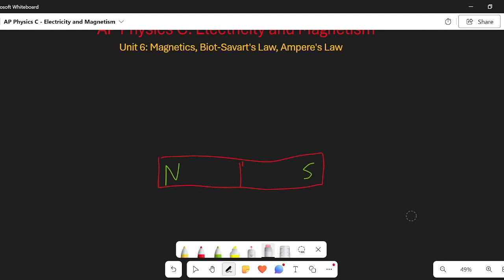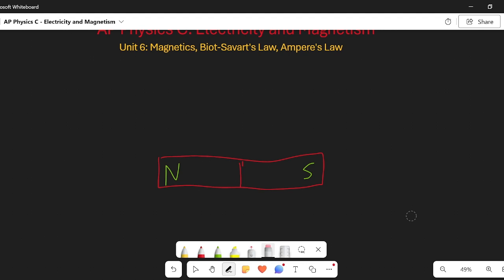And remember, like poles repel and unlike poles attract, just like with electric charges. And the B field around a magnetic dipole is similar to the electric field around an electric dipole. And field lines external to the magnet start at the north pole and then go to the south pole.